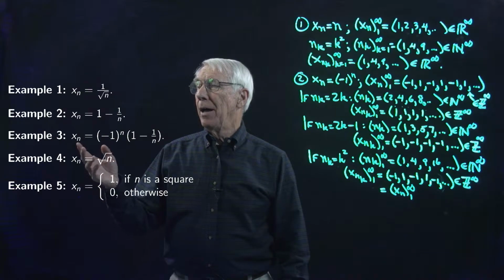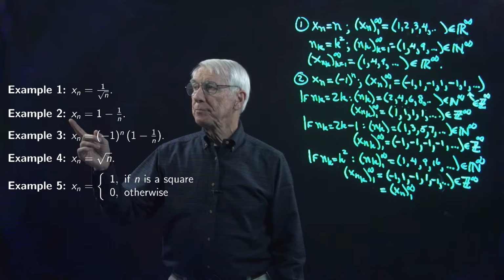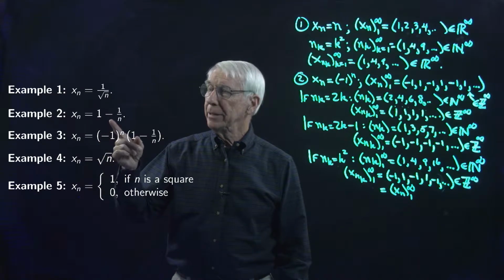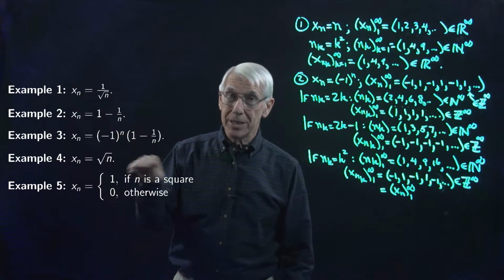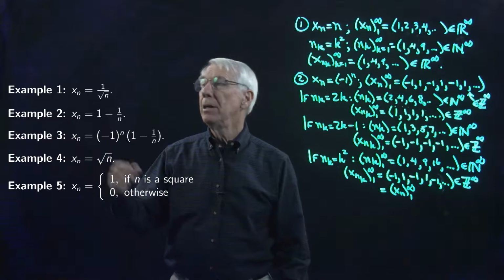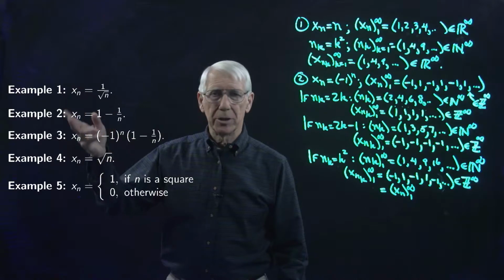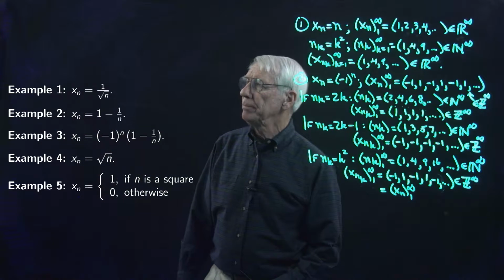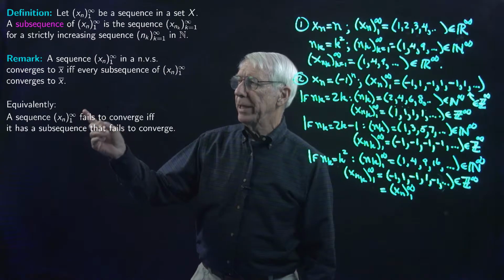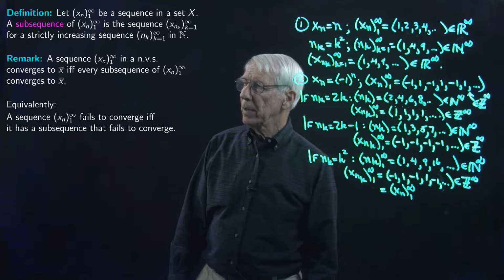So there we have subsequences that converge, but we could take the subsequence consisting of the first term, the 4th term, the 9th term, the 16th term, the squares as the subscripts. That would be a sequence that alternates as well. It doesn't converge, and the original sequence doesn't converge. Those aren't very instructive examples because the sequences are a little too obvious and simple. But still, we do have this remark that if we can identify a subsequence that does not converge, we know the original sequence can't converge either.